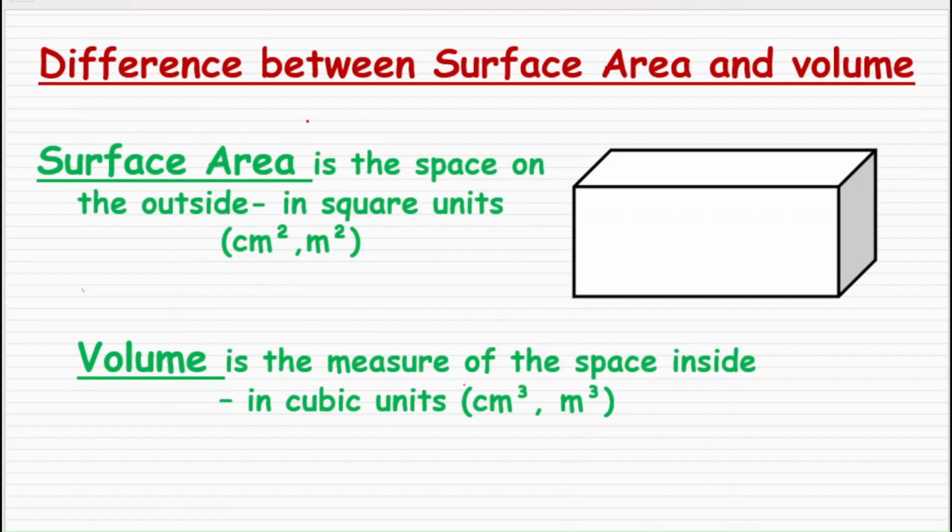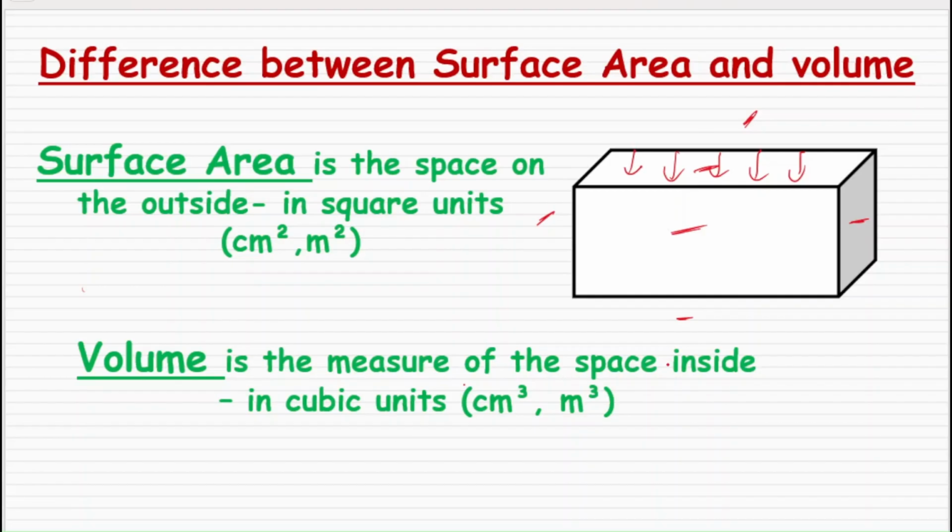Now, what is the difference between the surface area and the volume? Basically, surface area is the space on the outside, like the area of this face, this face, this face, the back face, the side face, and the bottom face. So the area of all these 6 faces added together gives you the surface area. It is always measured in square units, centimeter square, meter square, inches square, foot square, whatever. Okay. And volume is how much space is inside the box, how much it can hold.